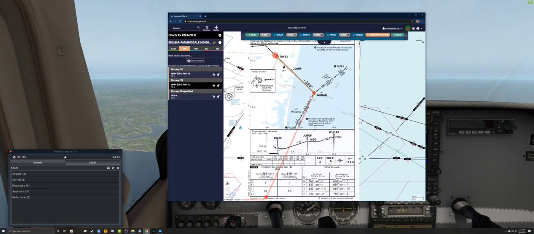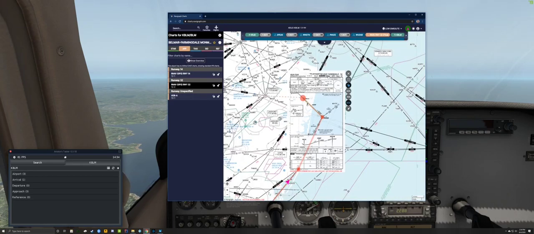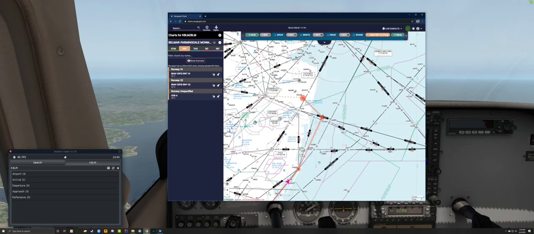They want us to be at 2000 by the time we get up near these waypoints, and they want us at 2000 when we get to WUDAB, and then they want us to descend in this manner from WUDAB to JOMIP, and then from JOMIP we're basically going to descend as we need to land.